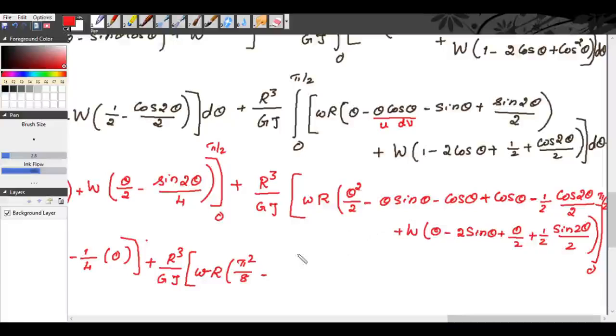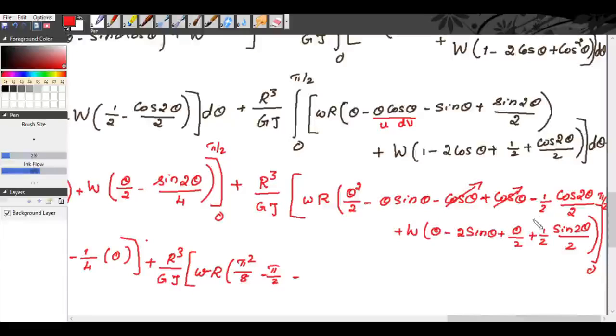So pi by 2 minus pi by 2 minus cos pi by 2. Cos 90 is 0 minus cos 0 is 1. So we get, okay, minus cos theta plus cos theta get cancelled.